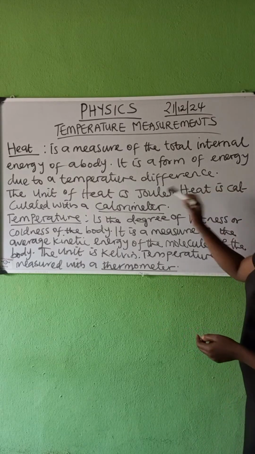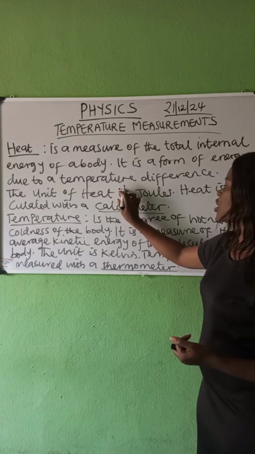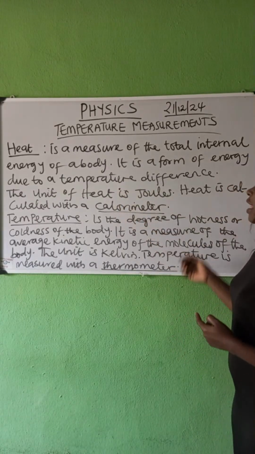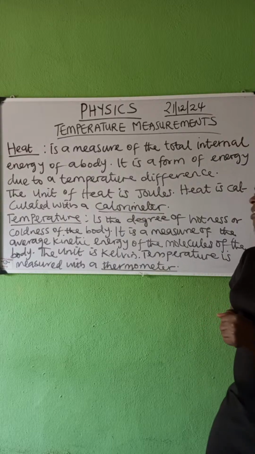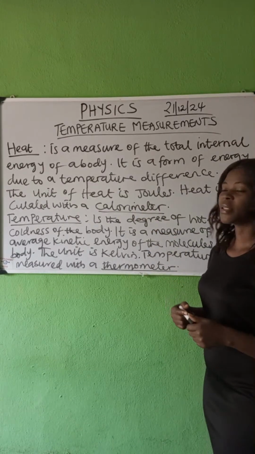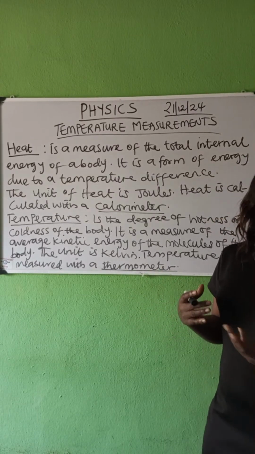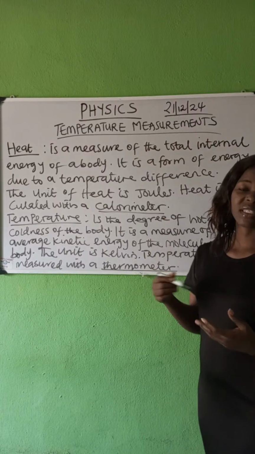Now, the unit of heat is joule. Heat is measured in joules. Now, heat is calculated with a calorimeter. Heat is calculated with a calorimeter. How do I mean? You use the calorimeter to measure the amount of heat in a particular body.